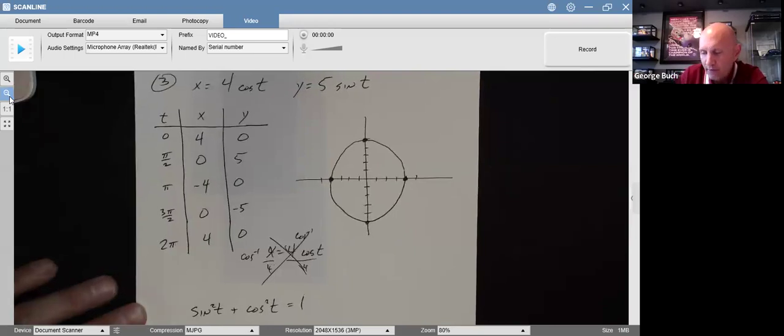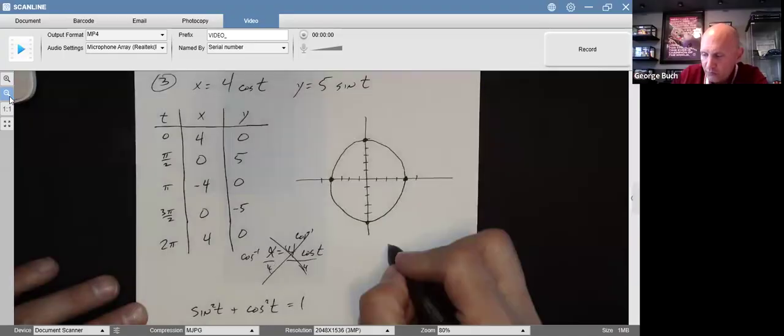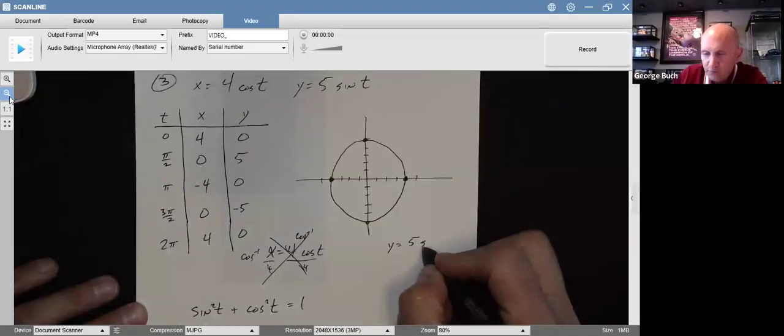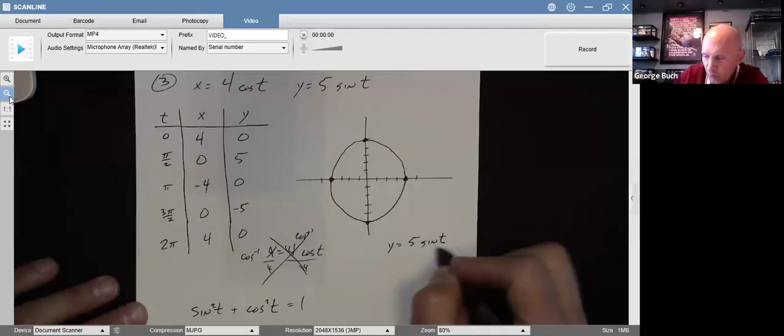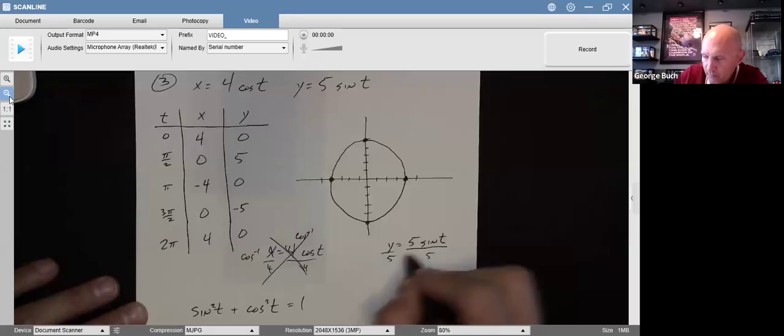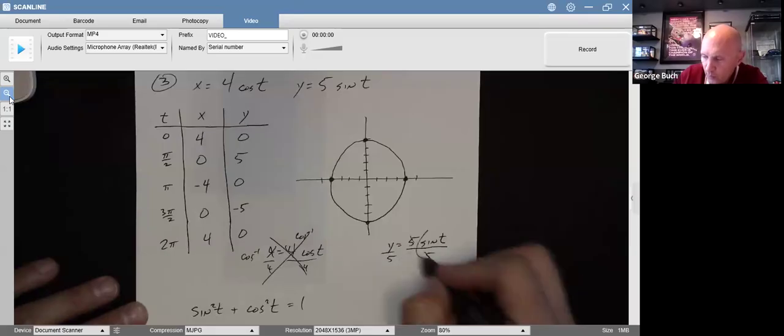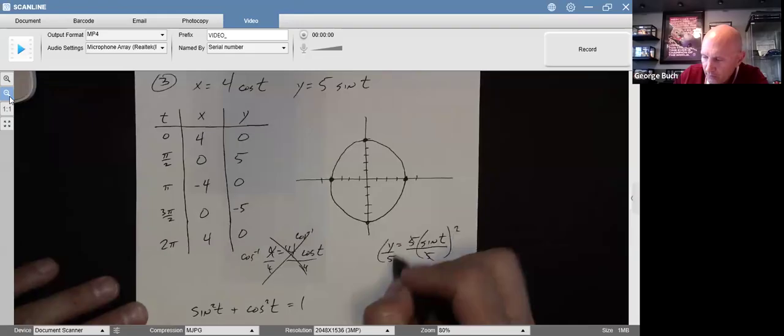Okay, well, do I have sine squared? No, I don't. But I have what? I have y is equal to 5 sine of t. So how do I get sine squared out of this? Well, I divide both sides by 5, and then I square both sides. So I get what?